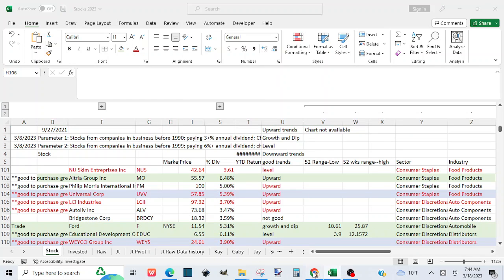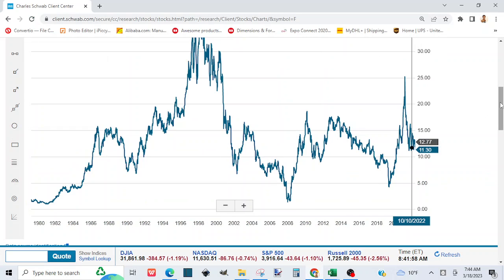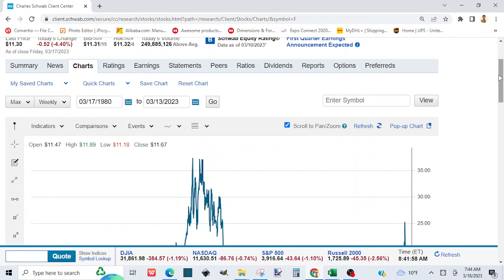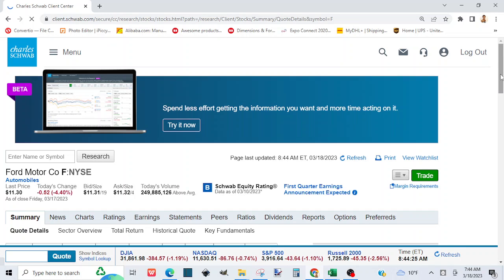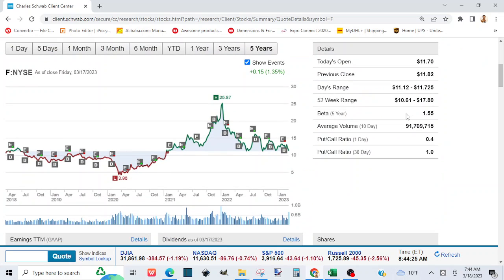But if you want to trade a stock, what I like to look for is comparing the 52 weeks range, the lowest and the highest. When there is a big gap between the two, it is a good one you can trade. So 10 and 17.80 is not much of a gap there, really.